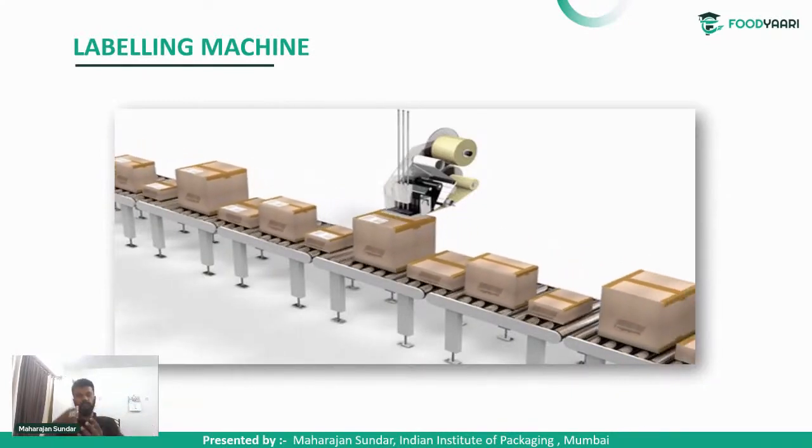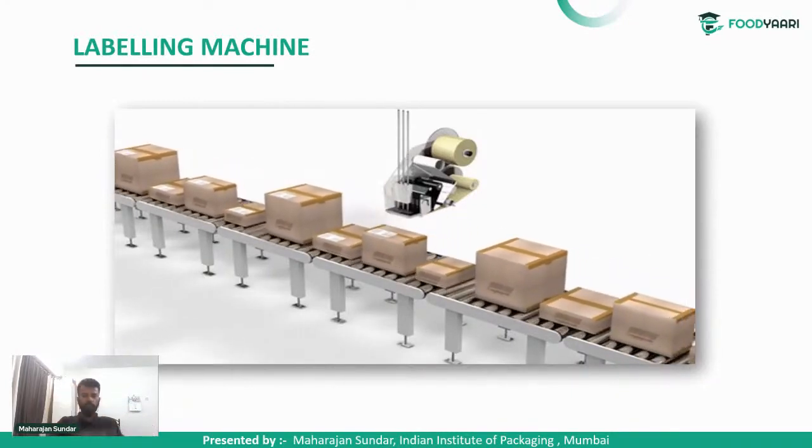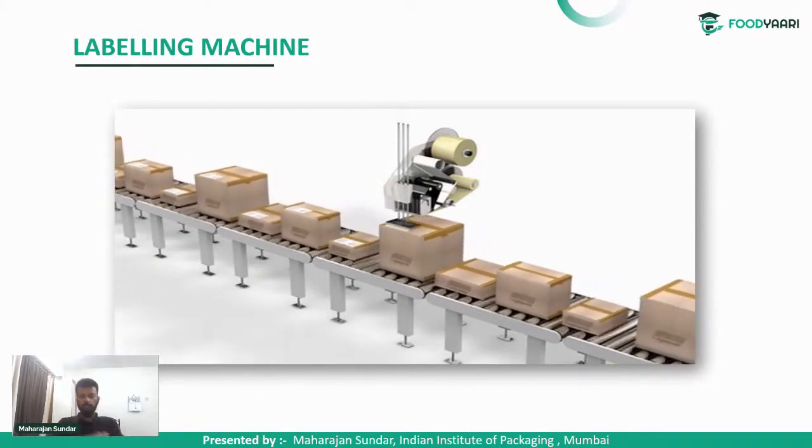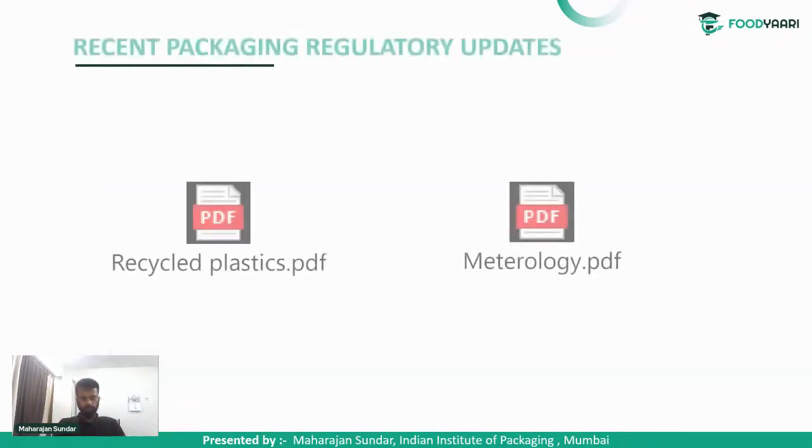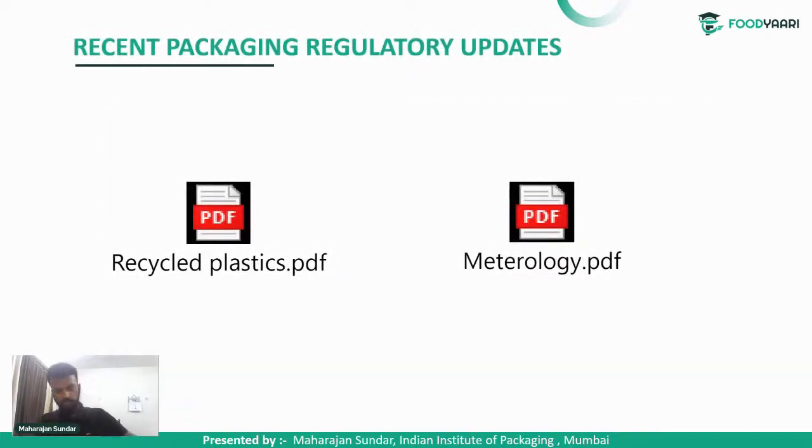It will apply polymeric glue or hot melt glue, and after that it will fix the labeling element for identification. Okay, this is all about the packaging materials and machinery we had to discuss.